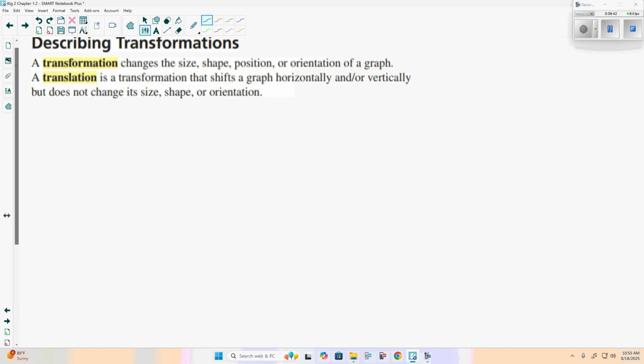And it's going to change the points on the graph, but it's not going to change its shape. So if we had an absolute value, it's still going to have the same overall shape. All we're doing is either moving it up, down, left, or right. We're not making it skinnier. We're not widening it out. We're not flipping it.